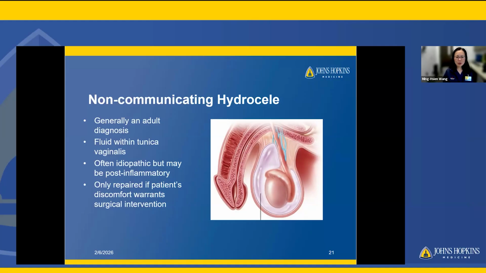If it's not too terrible or uncomfortable, you can monitor these things. But if it's bothering a teenager because now they feel awkward or they have trouble putting their underwear on, then we can discuss the pros and cons of having the surgery to remove it.